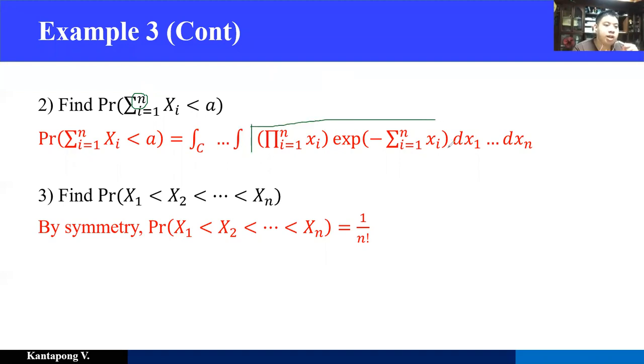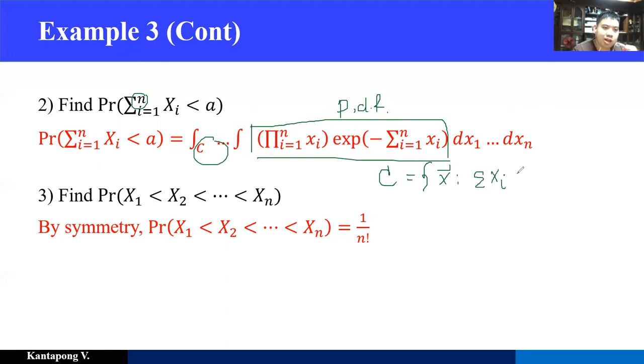The best thing you can do is integrate the PDF over C, where C is the area. C is the set of vectors x such that the sum of xi is less than a.